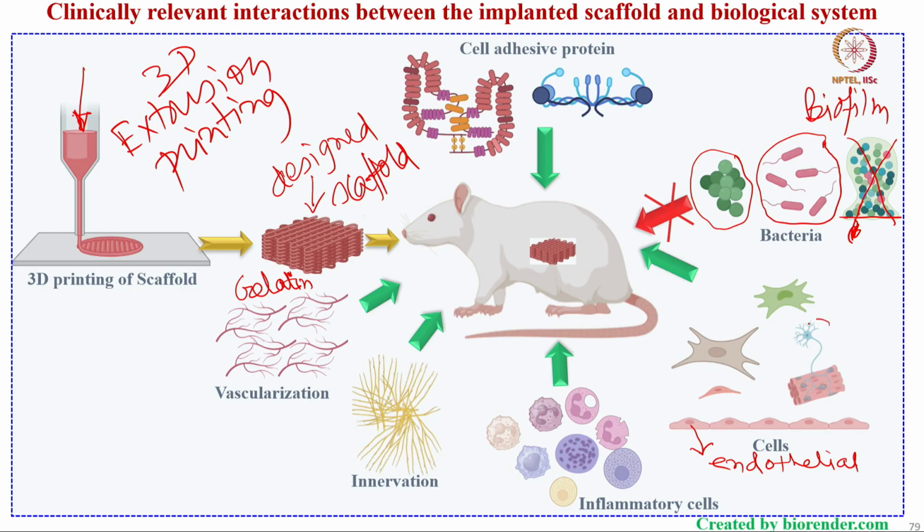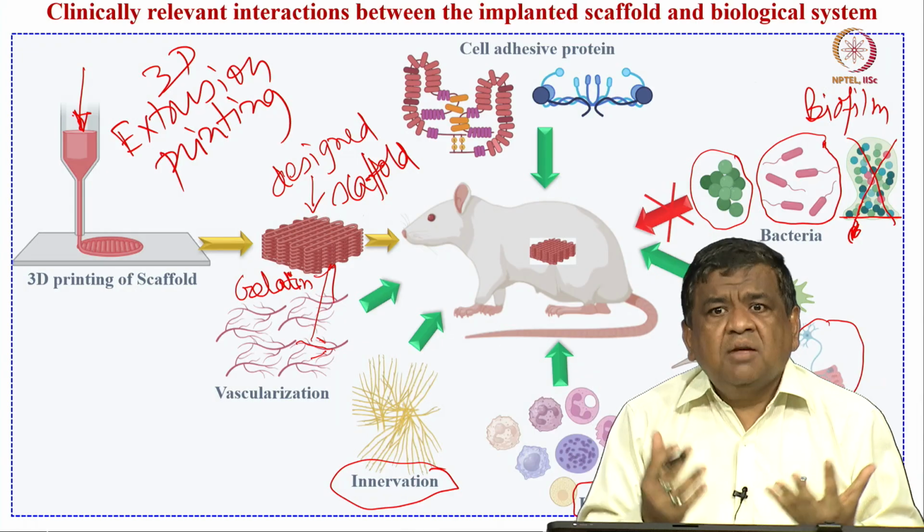We want neurons to also be activated, and that is called innervation, which is important. We want blood vessels to grow, and if they grow, it will cause vascularization in the scaffolds. At the same time, there are a number of inflammatory cells which will attack the scaffolds, and the scaffold is always considered a foreign body or foreign object, because it is not part of the animal system.